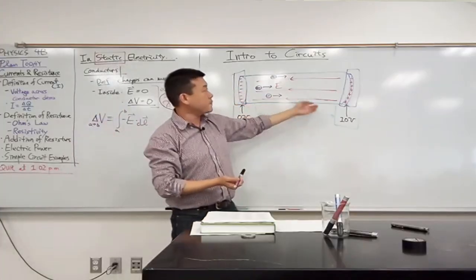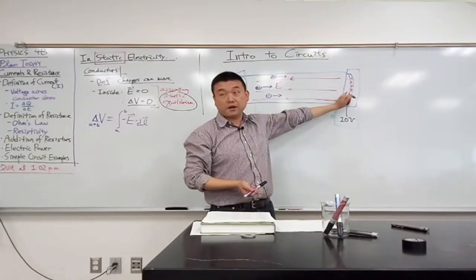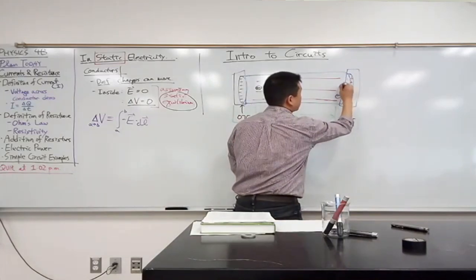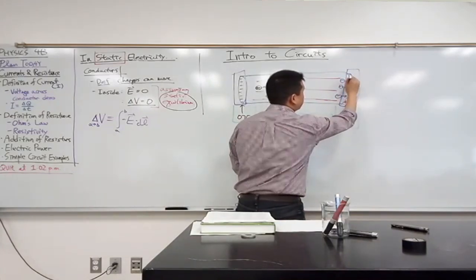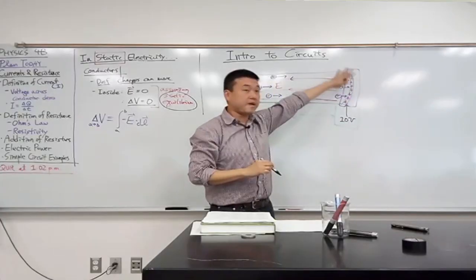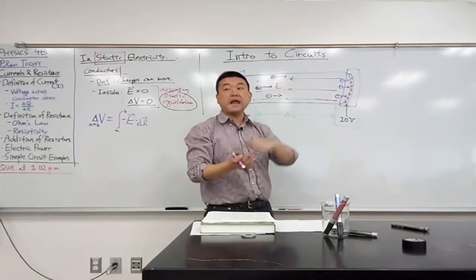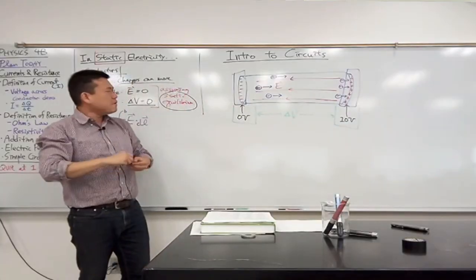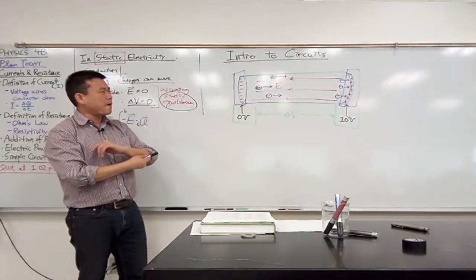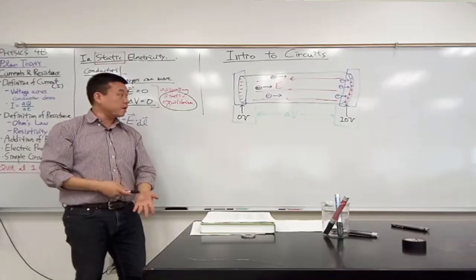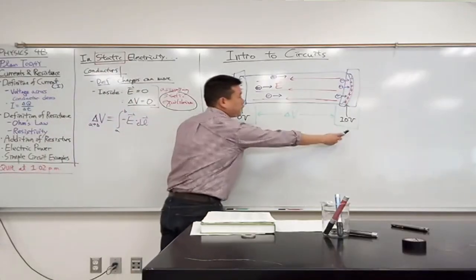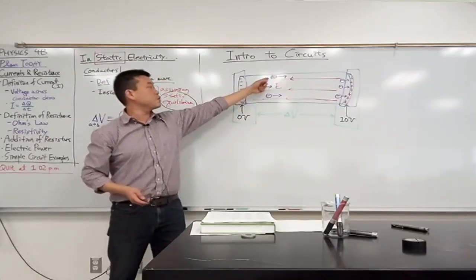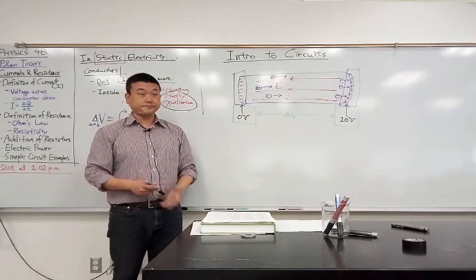And that also means you are losing positive charges here, because when negative charges finally reach this end, by that same amount this end has less net charge. So there must be something that we are doing to continue to maintain this voltage difference and this electric field as we are losing these charges.